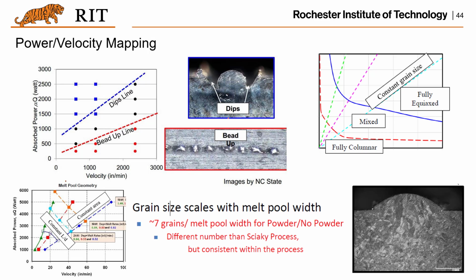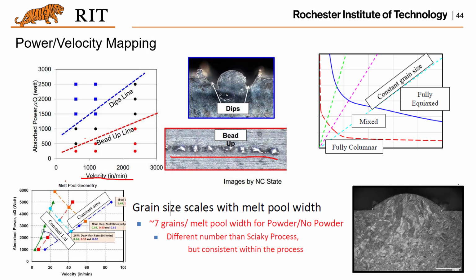So another thing is you want to tweak those parameters such as the power and the velocity and figure out the optimal condition you use during the printing process. For example, if you tend to have a high velocity but a lower power, then you will have these beads patterns generated.